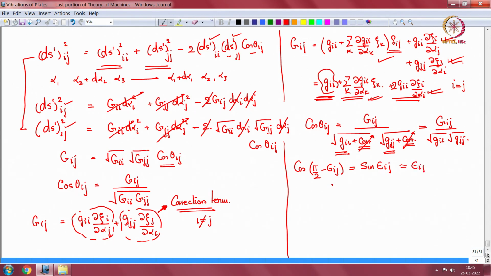So my epsilon_ij, the shear strain, is equal to G_ij by root of G_ii G_jj.